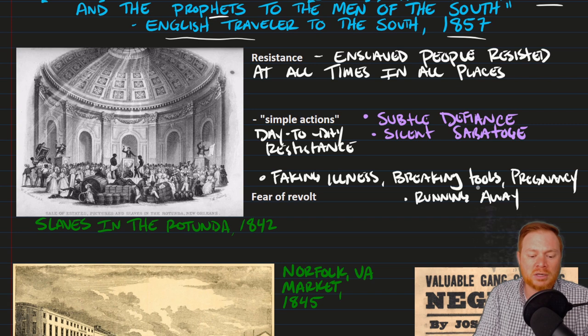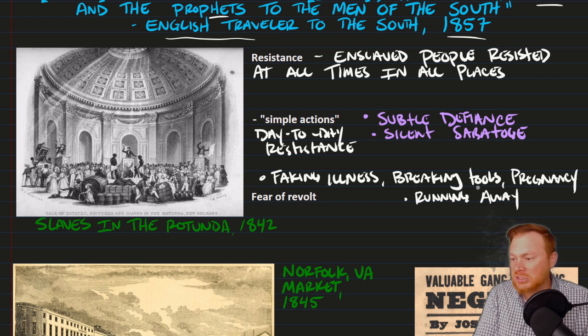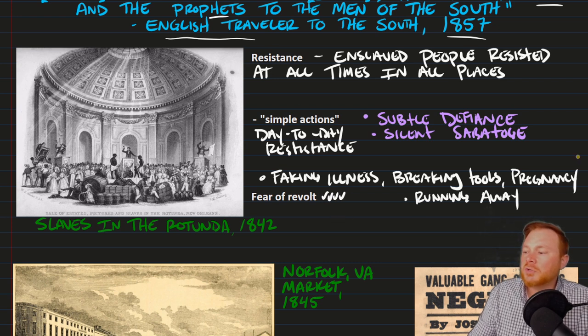In the United States, it's a very large area geographically. The free white population outnumbers the enslaved African population. So, while revolts did occur, and at the end of this chapter we'll talk about a revolt in particular, running away proved oftentimes more effective than violent revolt.